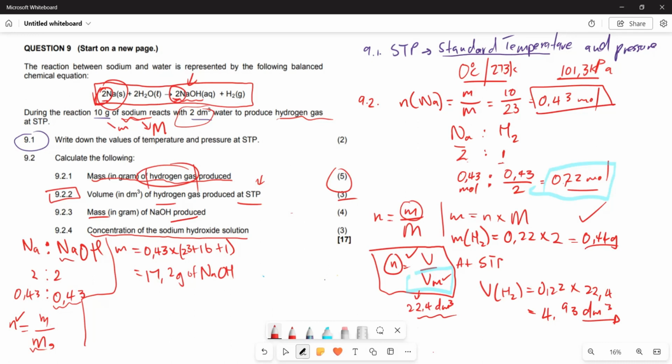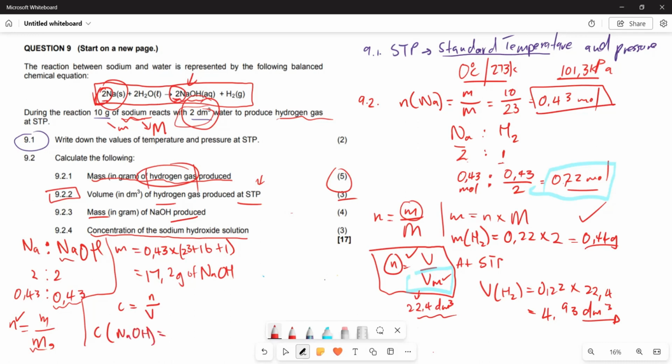Which means the volume of our product is 2 moles per decimeter cube. And our concentration, remember the concentration is always given by the number of moles over the volume. So we are looking for the concentration of our sodium hydroxide, right?